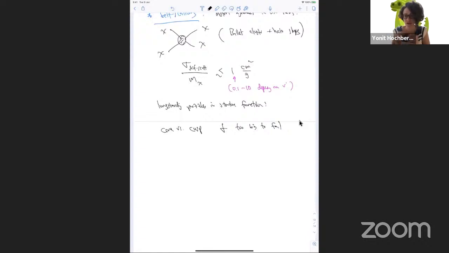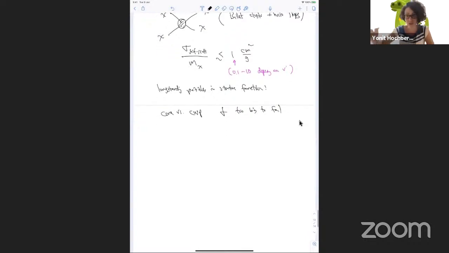I use the word puzzles. They're not really problems, because there's a lot of debate within the astrophysics community, and it could be that these issues would be solved with unaccounted-for baryonic effects, for instance, within the simulations that give these predictions. From the particle physics point of view, I just want to make clear these aren't problems; these are puzzles.